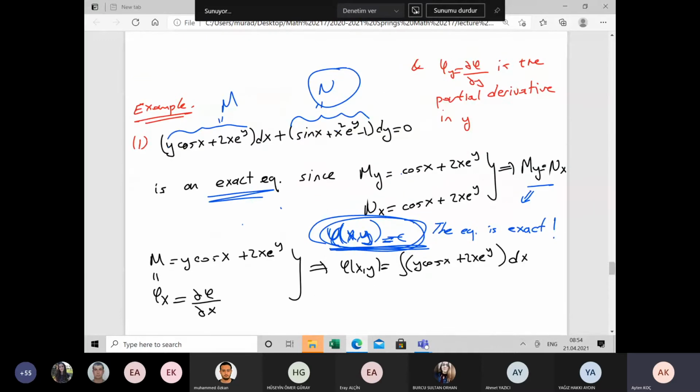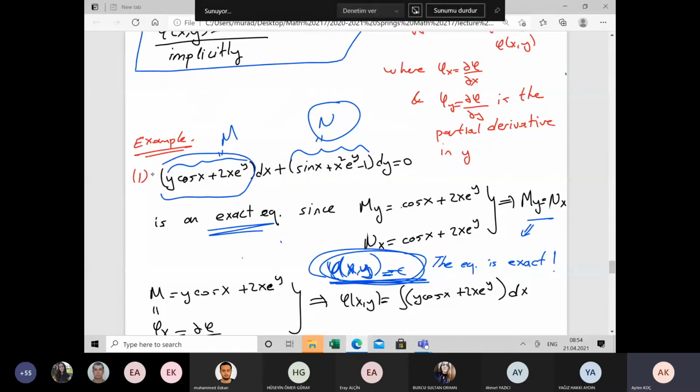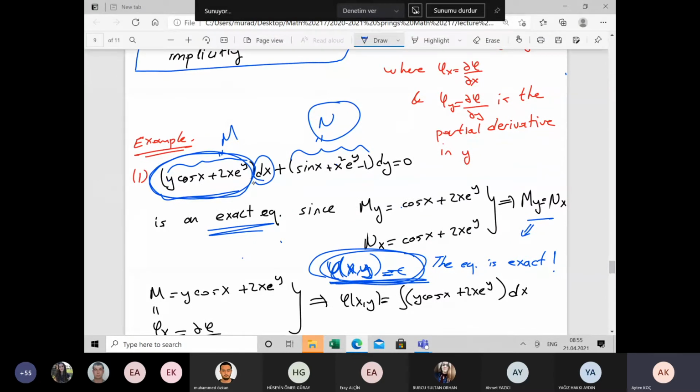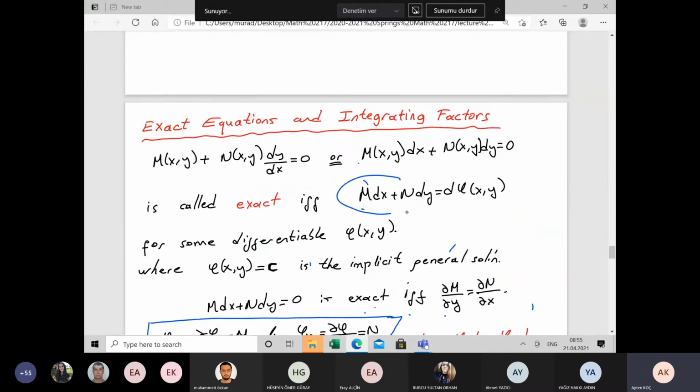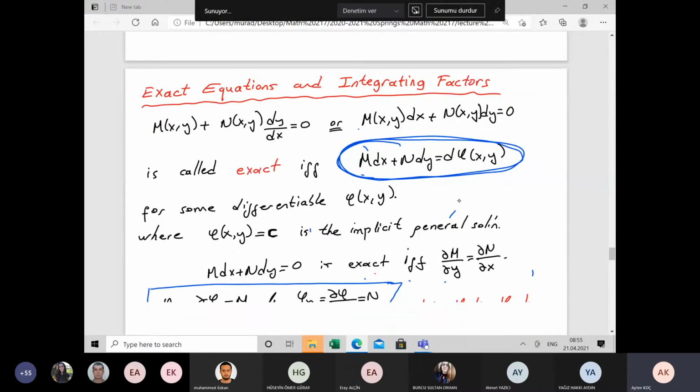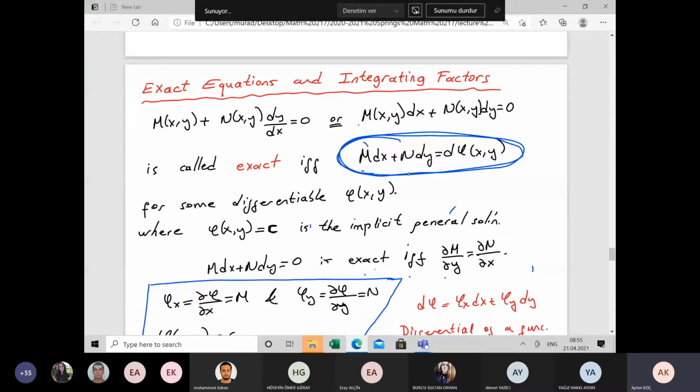We know that M is the coefficient of dx. Let's come back to the differential equation: this one should be d phi, the differential of phi, which is phi sub x dx plus phi sub y dy.